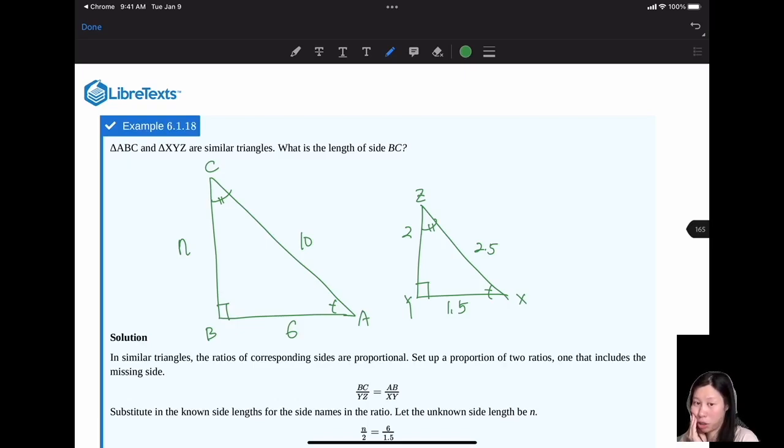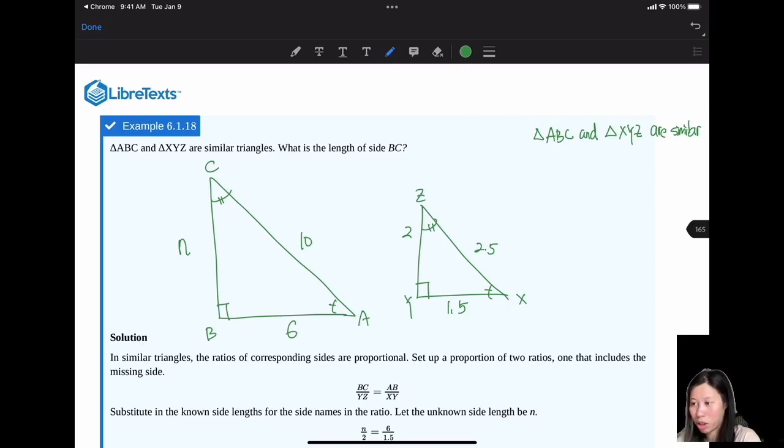So by the definition of similar triangles, first of all, you need to state that, hey, triangle A, B, C and triangle X, Y, Z are similar. You need to state that. We know that they're similar. So that means what?